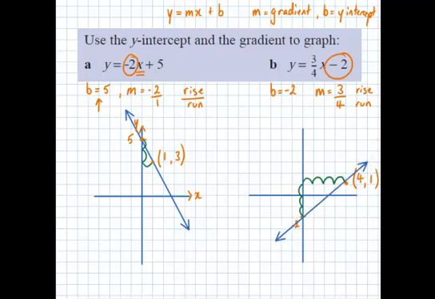Okay, not such an easy thing to do on this. Ah, okay, there we go. Okay, so that's how we graph lines using the y-intercept and the gradient. Remember that you should always label your x and y axis as well. Okay, now it's your turn to try.